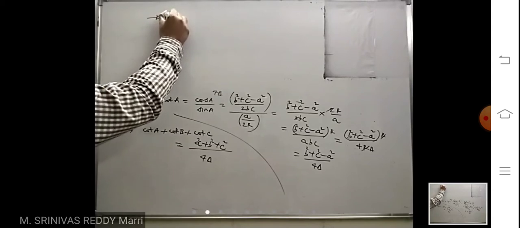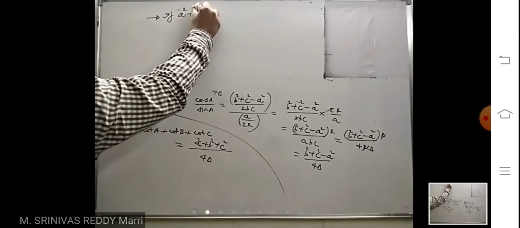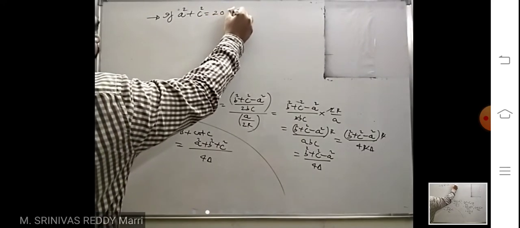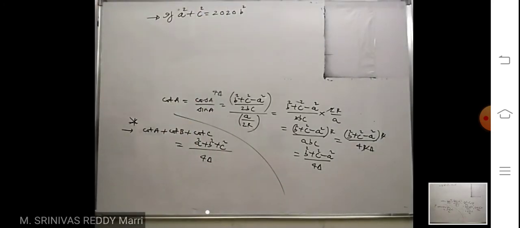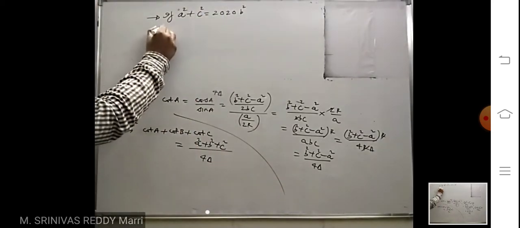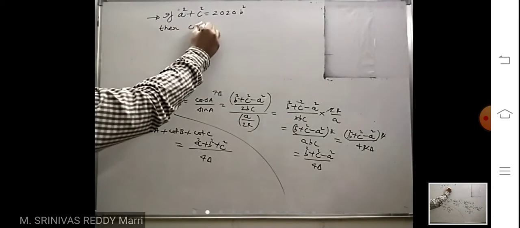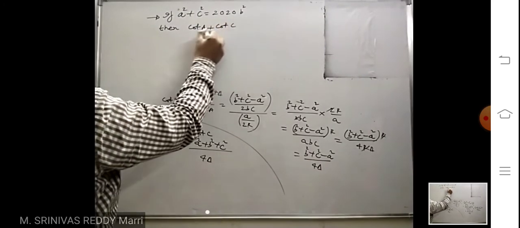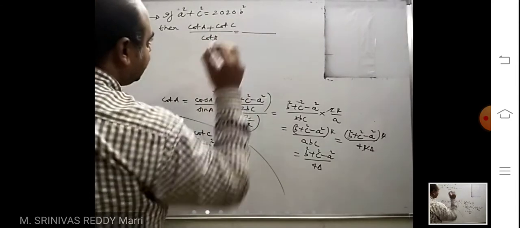If A square plus C square equals 2020 B square, then cot A plus cot C divided by cot B equals x.